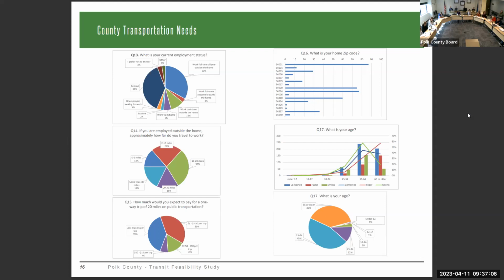So 35 and older, 35 to 64 is the highest age group of the respondents, and then 65 or older, we still had quite a large percentage there, over 40% of the combined respondents. So that, once again, will skew towards people that have more of a need for some sort of transportation solution they don't have now.